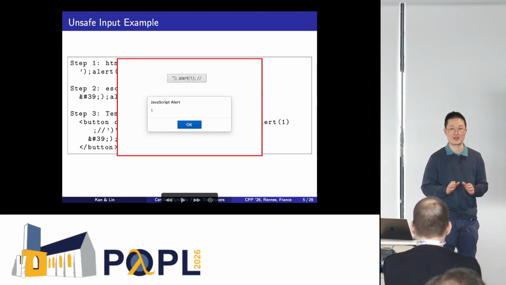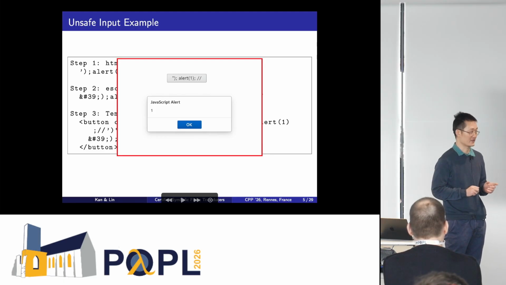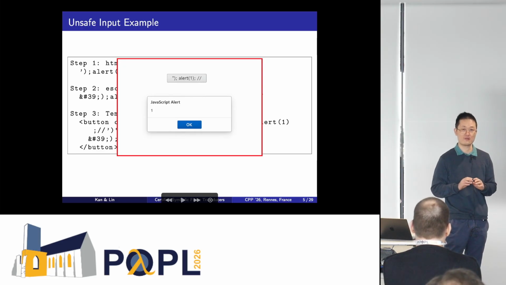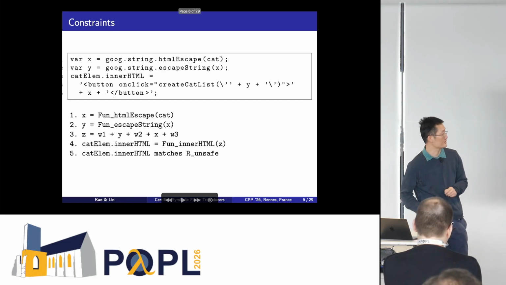This means their code has a bug. And here we just put alert there. Probably we could put other, more dangerous, risky functions here to steal some data from the users. So this means that filtering the user input is very important for the security of web applications.